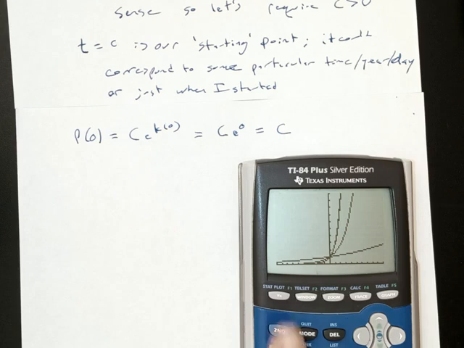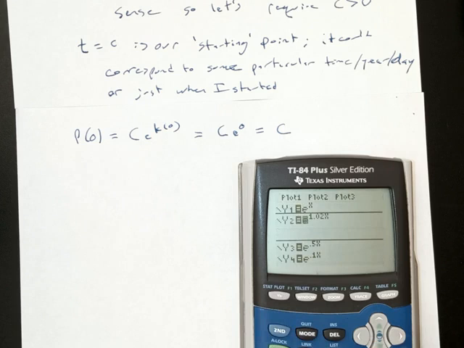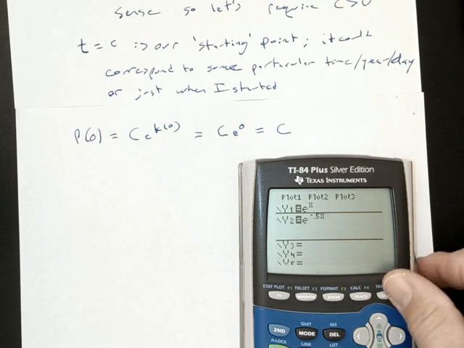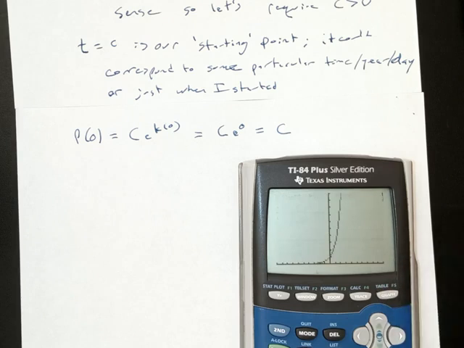What happens when k is negative? e to the negative 0.5x. Here itself.